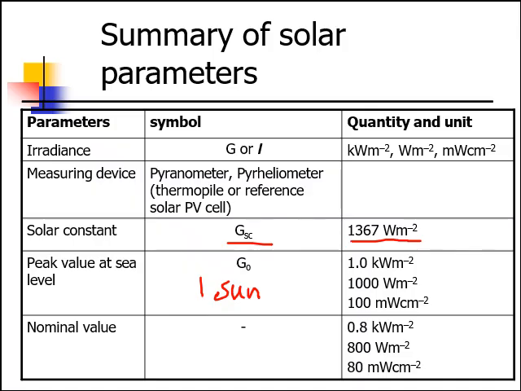And the nominal value will be somewhere around 800 watt per meter square. Compared to Malaysia, it's a good value. If you can get 800 watt per meter square for the whole day, it's quite good. But in Malaysia, we are receiving from 200 to 600, 700 maximum.